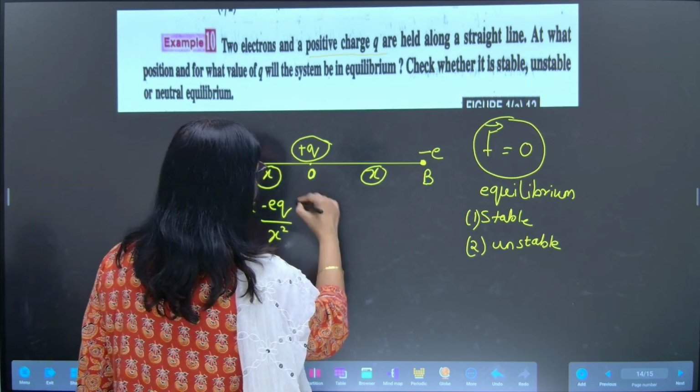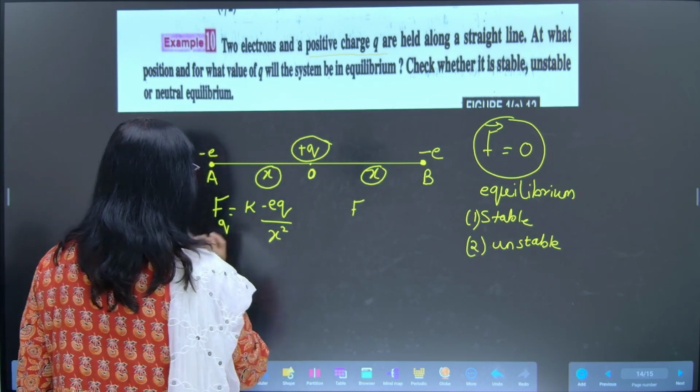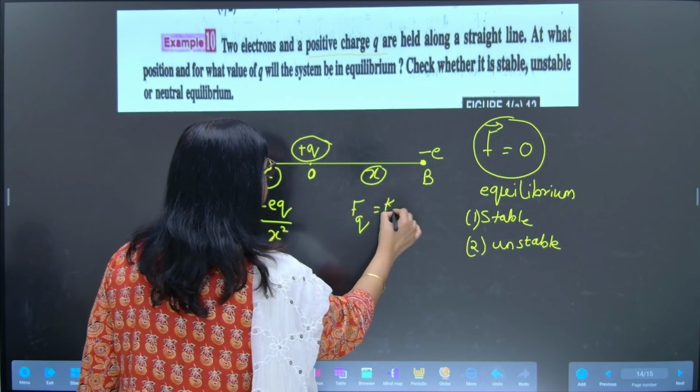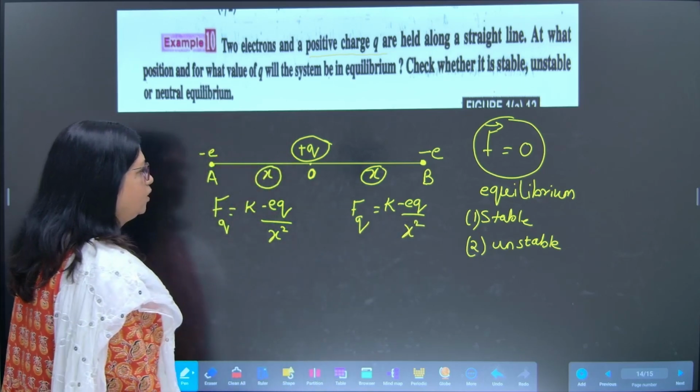Similarly, we can write for the other portion also, FQ from the other side is also equal to K E Q upon x square according to Coulomb's law.